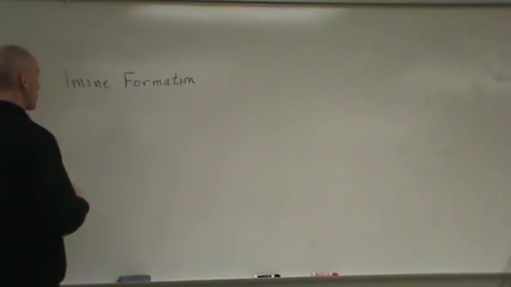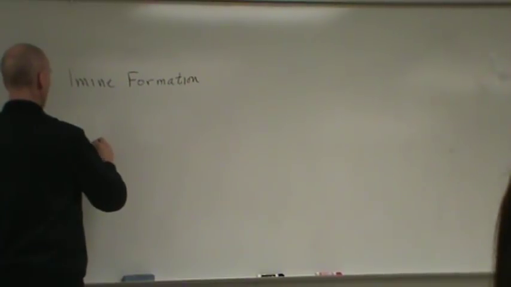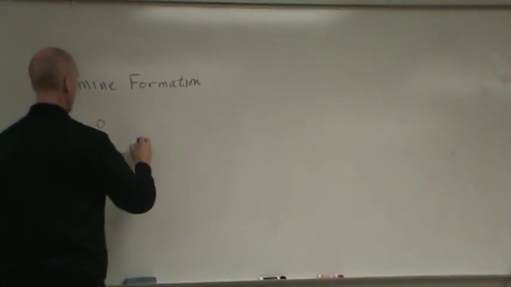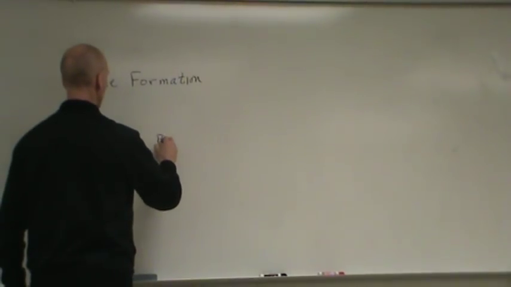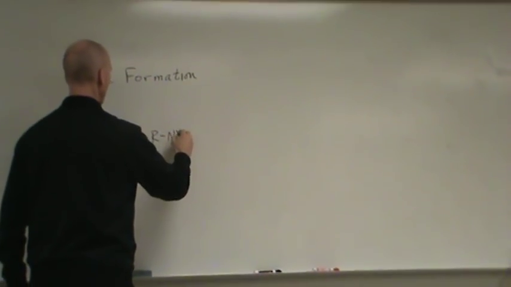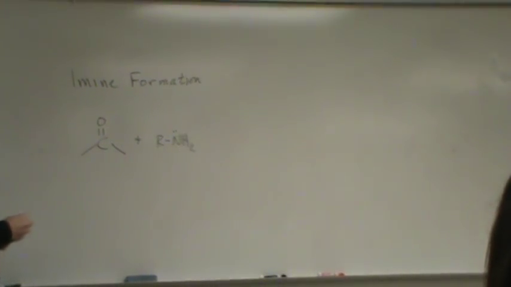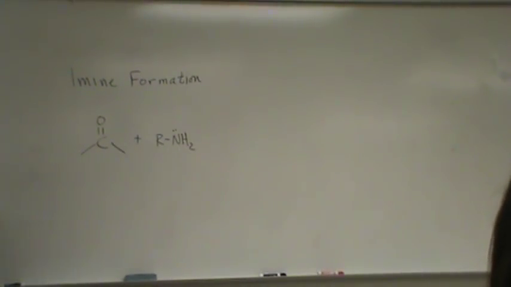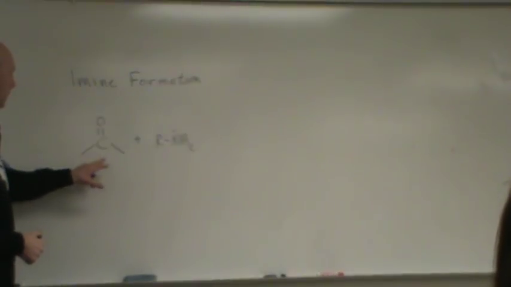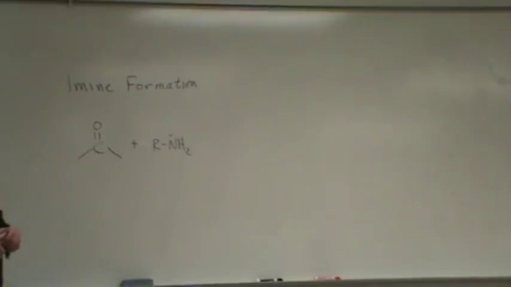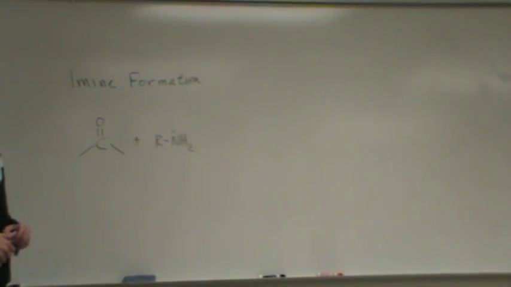So what kind of setup are we going to look at to do that? Okay. What we're going to do is take an aldehyde or a ketone plus a molecule like this. What kind of molecule do you think that is?